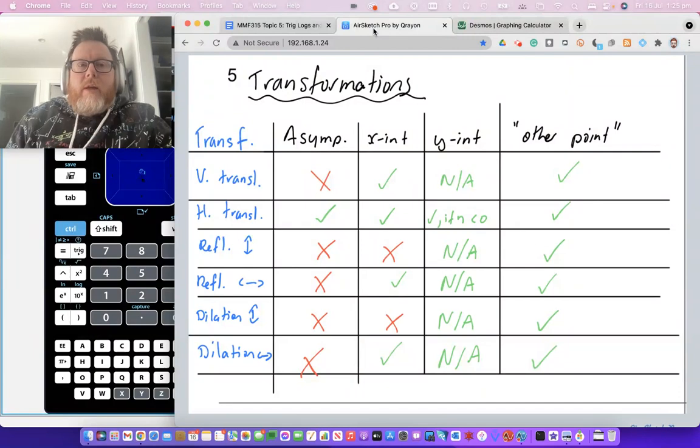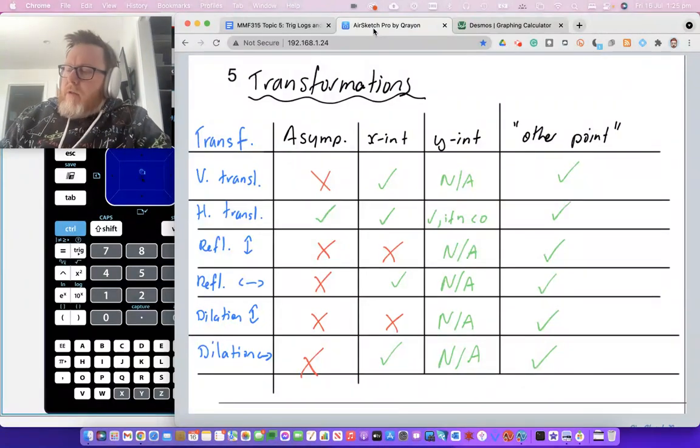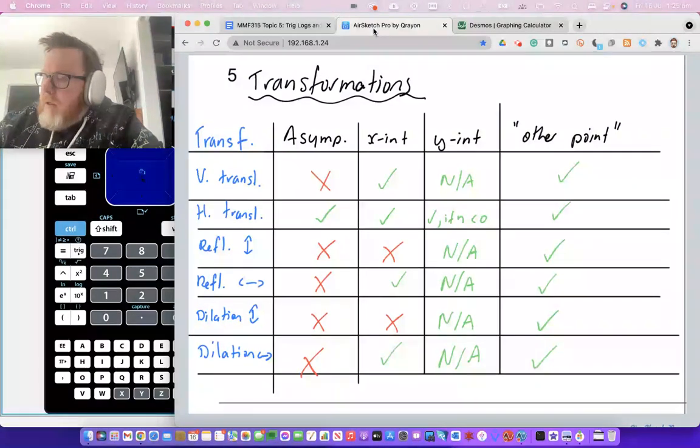Okay, so having a look at this then, I might just pop that to the side a little bit. You can sort of start to see a pattern here. When it comes to the asymptote, the only time it changes is with a horizontal translation. When it comes to the y-intercept, the only time it will change is also with a horizontal translation. If there is no horizontal translation, there is no y-intercept.